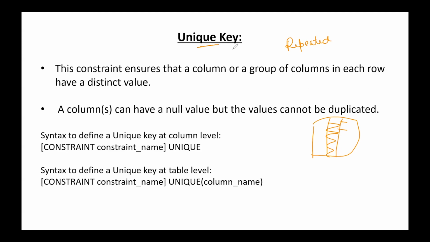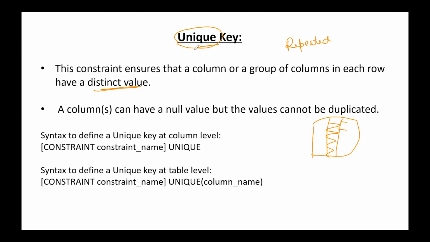That is the unique key constraint. This constraint ensures that a column or a group of columns in each row have distinct values. Distinct means you should not have repetition. A column can have a null value, but the values cannot be duplicated. So remember, when I say unique, it means that it can have a null value, but it shouldn't be repeated.